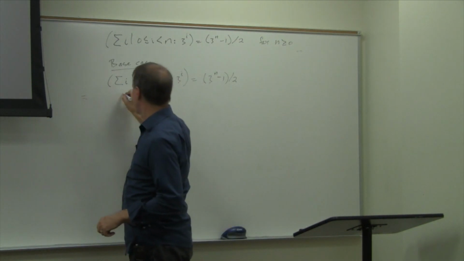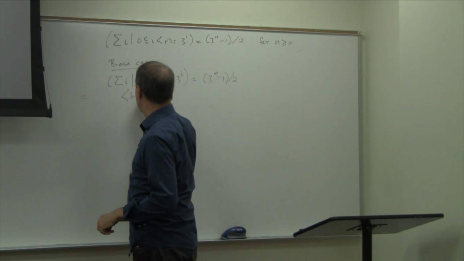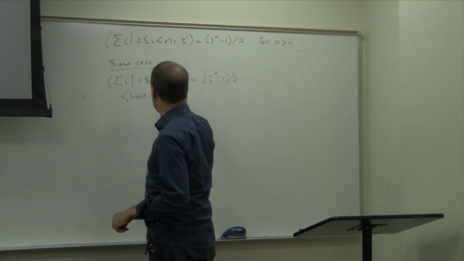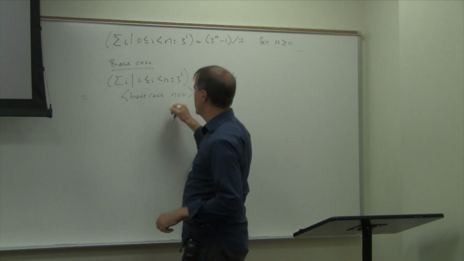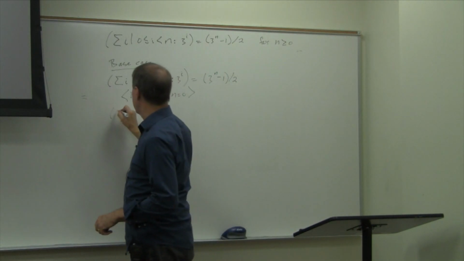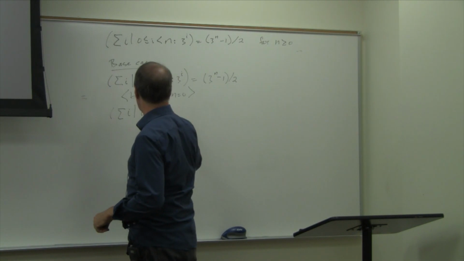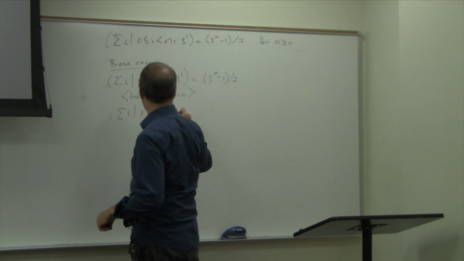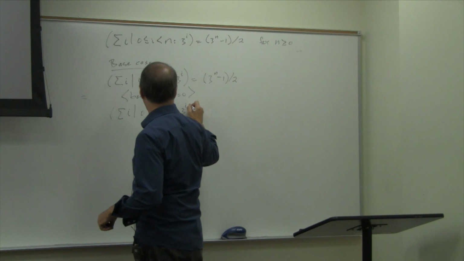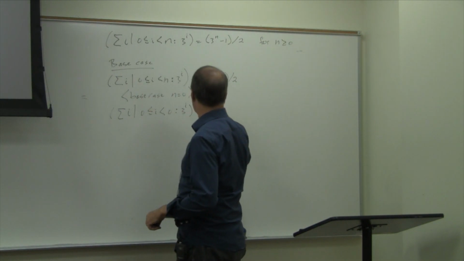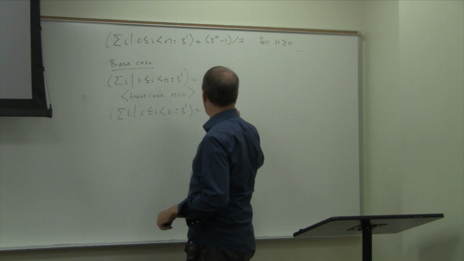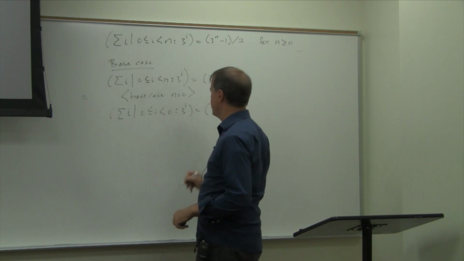So equals, by the base case, n equals 0. And so this is going to be the sum on i, 0 less than or equal to i less than 0, 3 to the i equals 3 to the 0 minus 1 over 2.